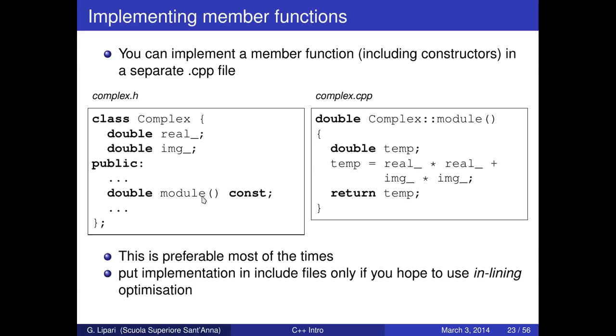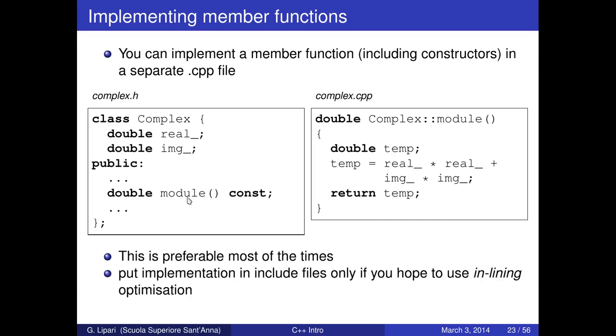You write exactly the same prototype of the function that you find in complex.h, but before the name of the function you put complex::. This :: is called scope resolution. We have already encountered that when we have seen the standard namespace, but it's also valid for classes. So basically it tells the compiler that the function module is within class complex.